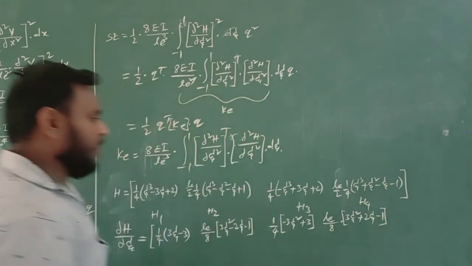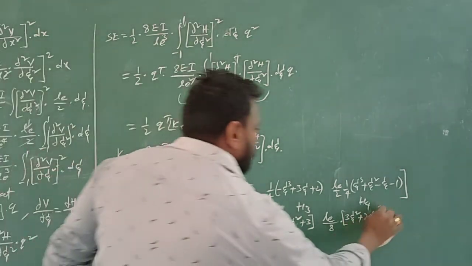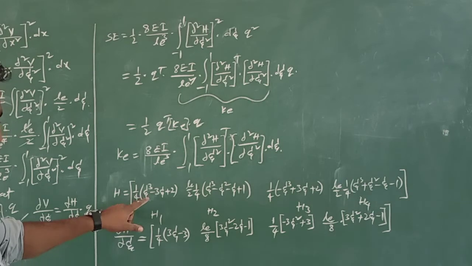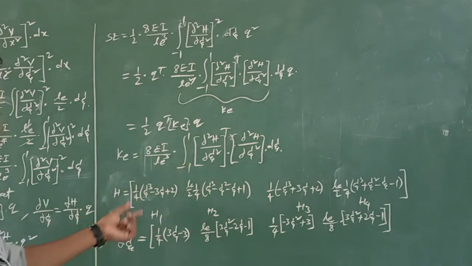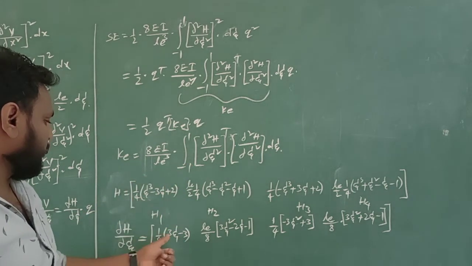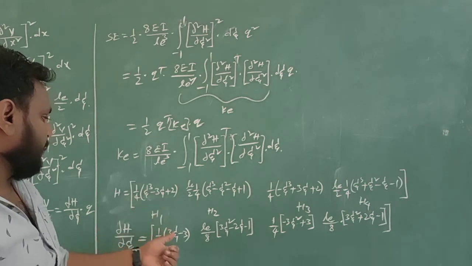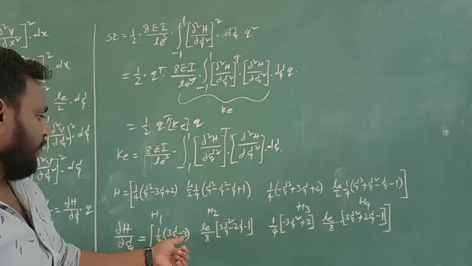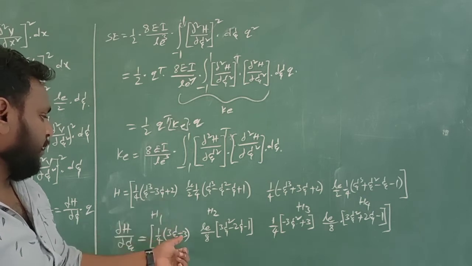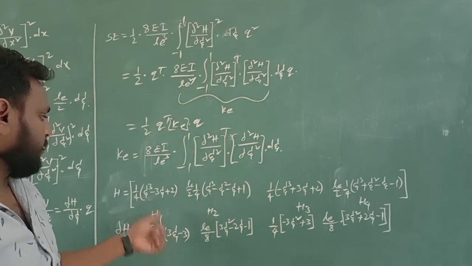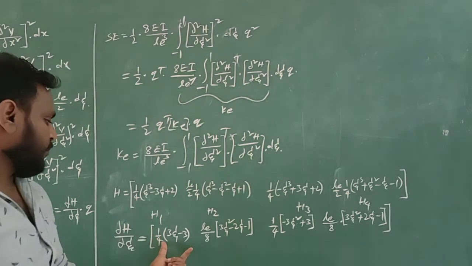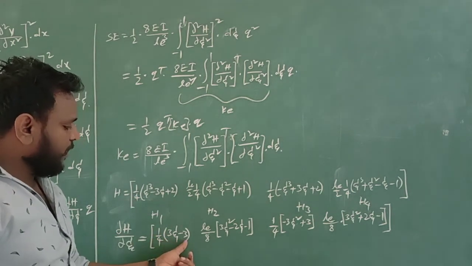This is the final equation we got. The differentiation of this component becomes 1 by 4 into (3j minus 3).